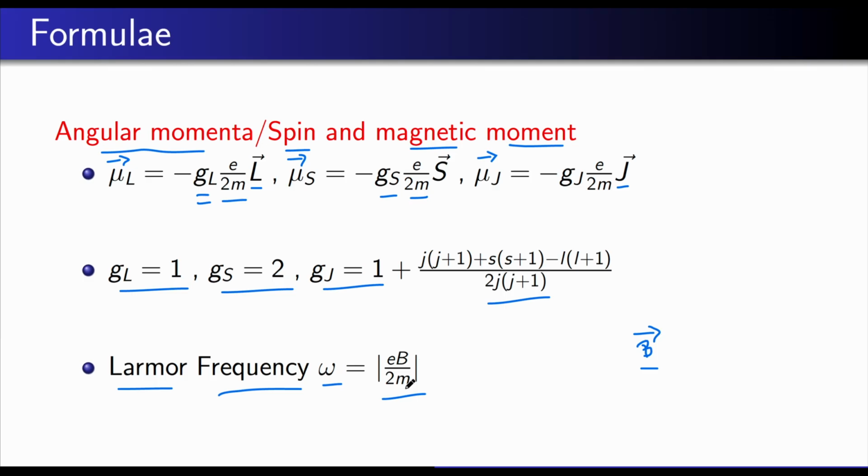So this is the Larmor frequency. This is the frequency with which the orbital angular momentum precesses around the magnetic field.